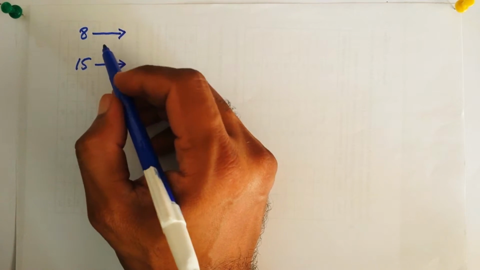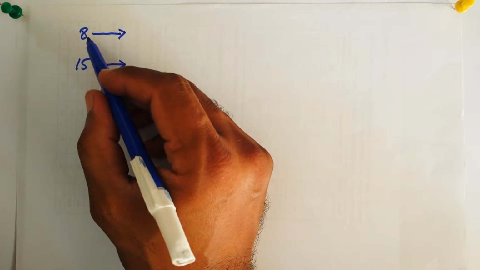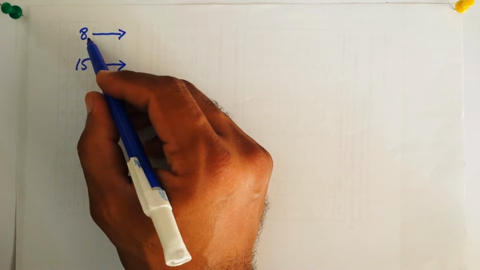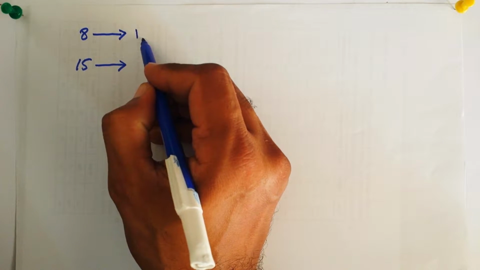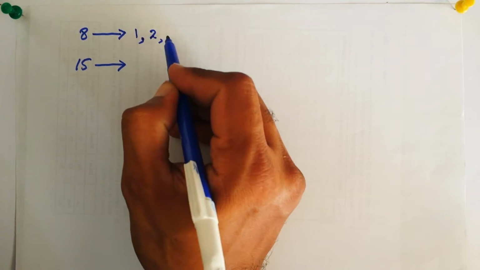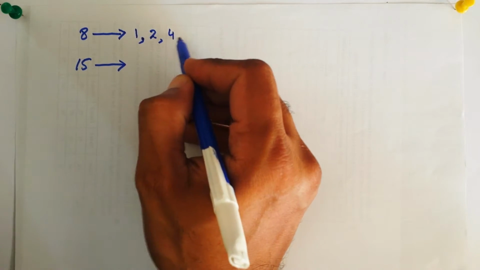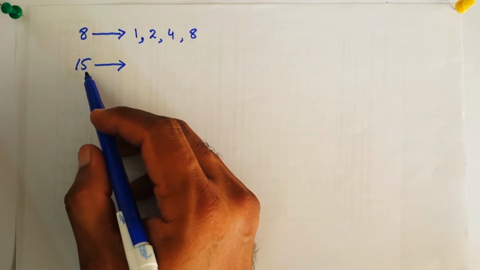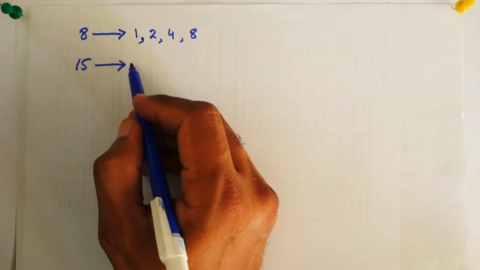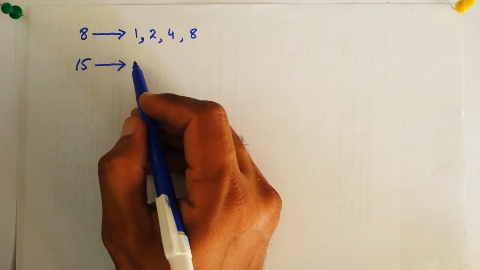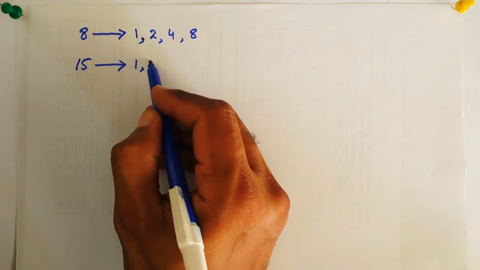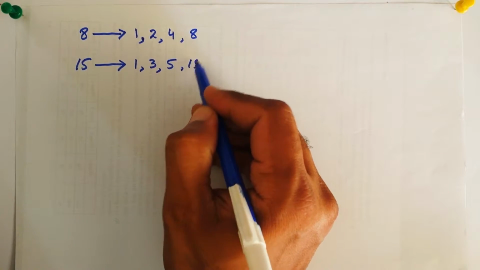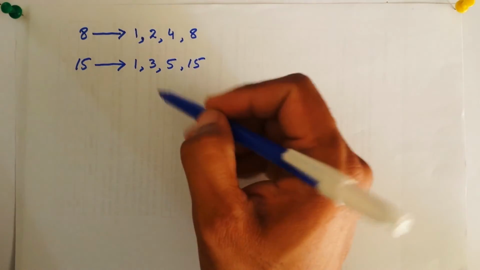First, we write all factors of 8, or you can say divisors of 8, which are 1, 2, 4 and 8. Now for 15, we write all the factors or divisors of 15, which are 1, 3, 5 and 15.